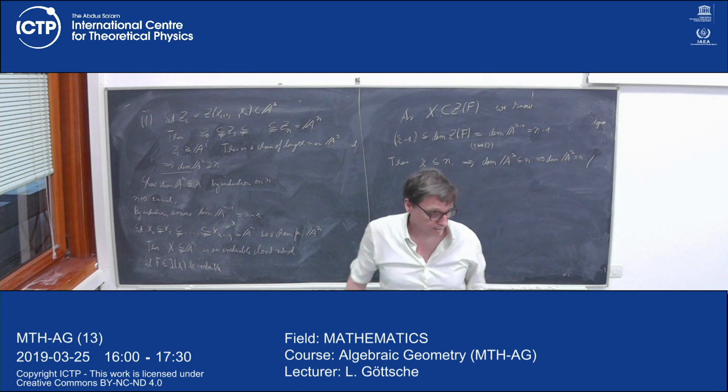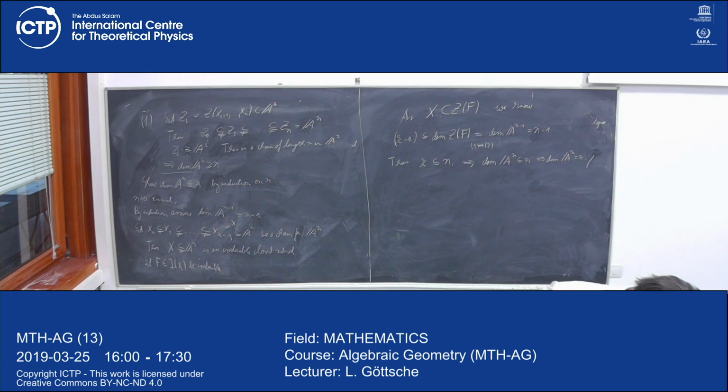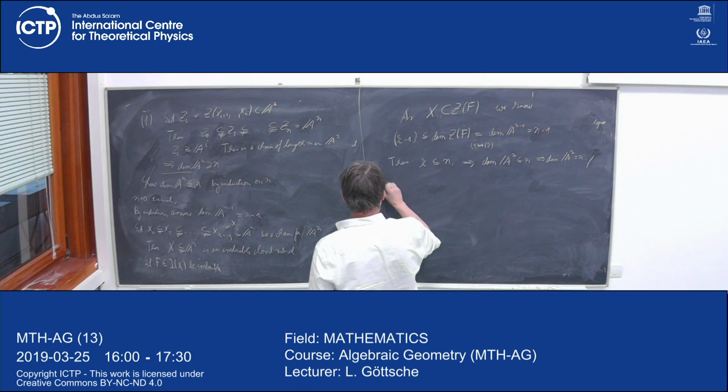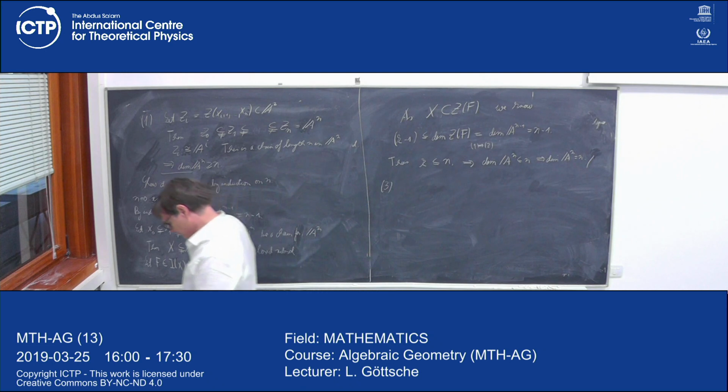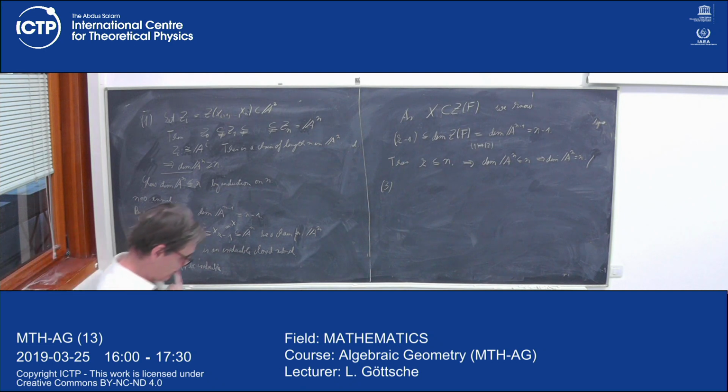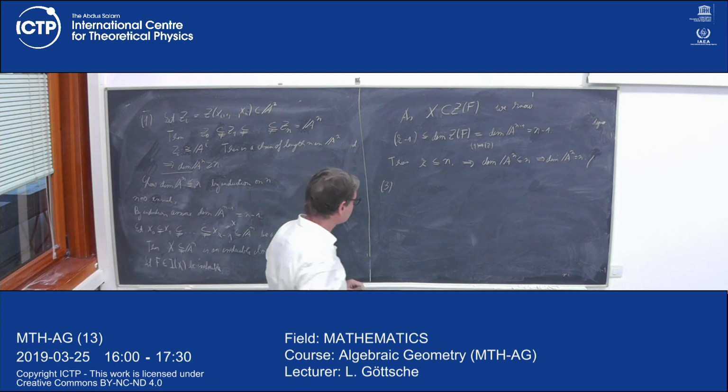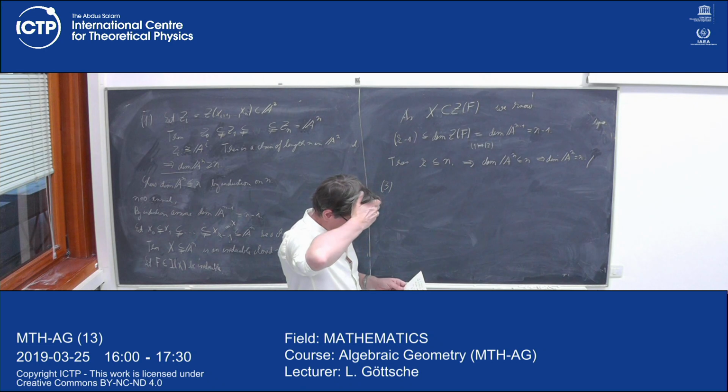So the last bit is kind of trivial, that every subvariety of dimension n minus 1 must be a hypersurface, namely you just use the same trick that we used before.